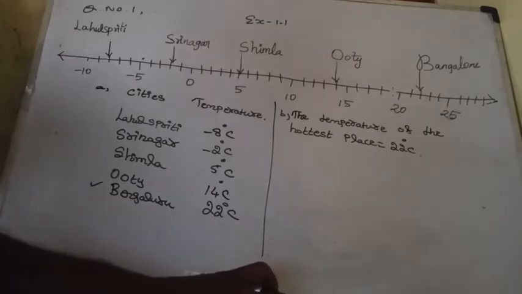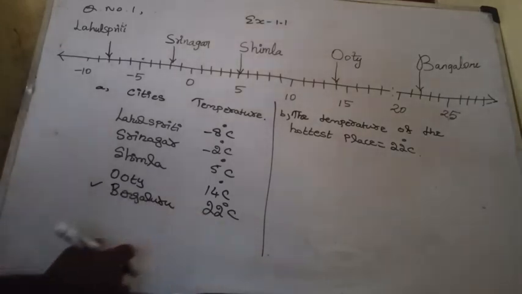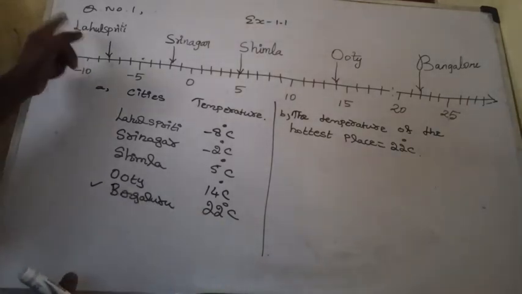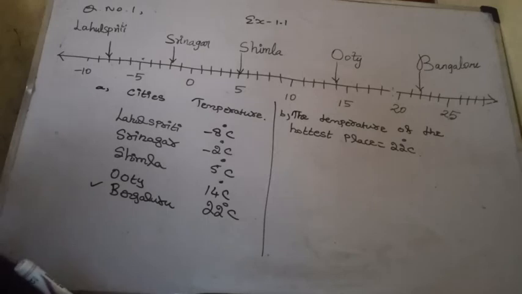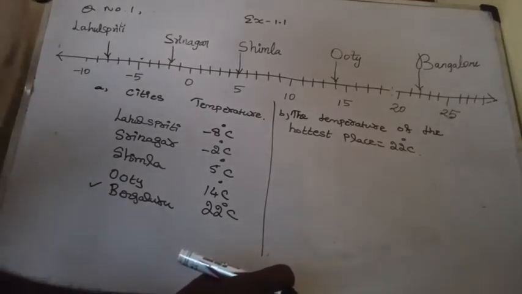Now, the temperature of the coldest place. That means what? Least. That is Lahaul Spiti. That is what? Minus 8 degrees Celsius. Am I right here? Yes.